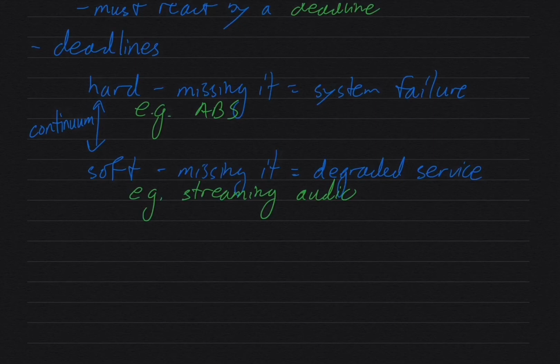And if one of those goes missing, which can happen, we're going to look at networking later in the course, or if they arrive out of order, but let's say one goes missing, so it's missed its deadline or it arrives late. You might notice a bit of crackling or static in the audio, but the application can keep going.